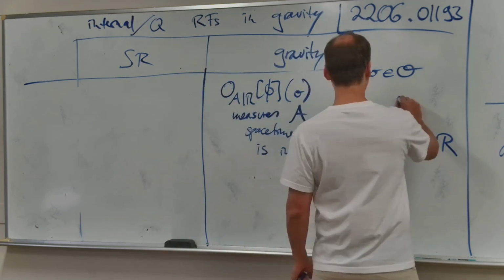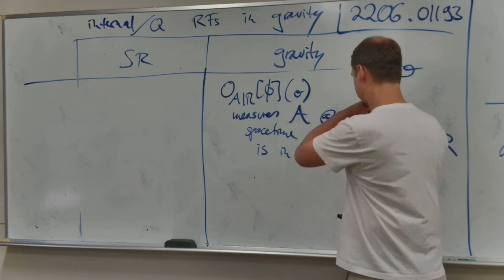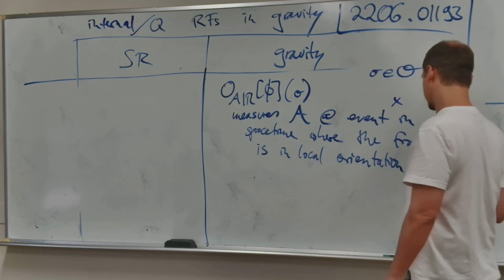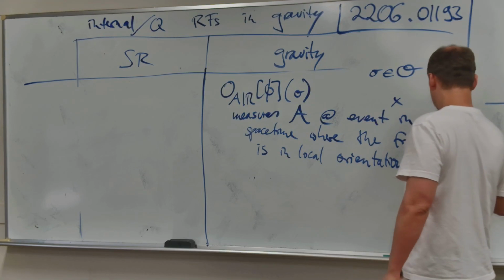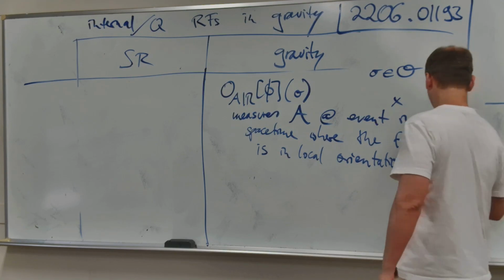So at event X in space-time, where the frame R is in local orientation, R phi of X equals O.